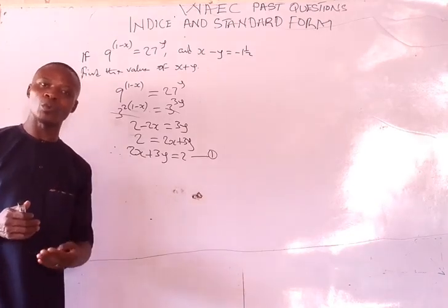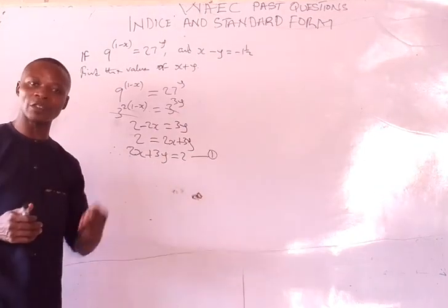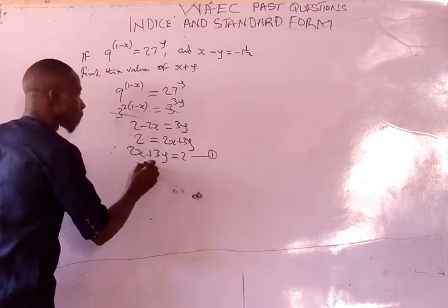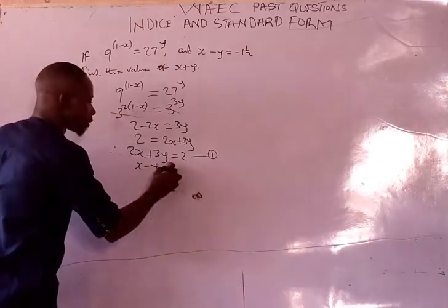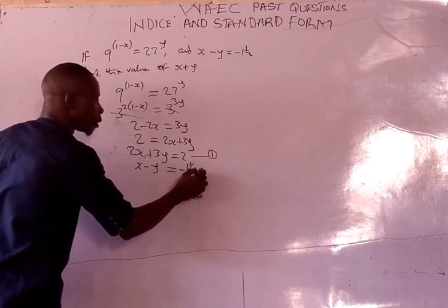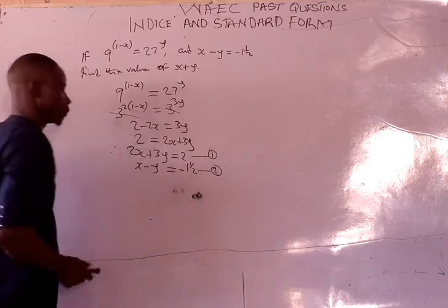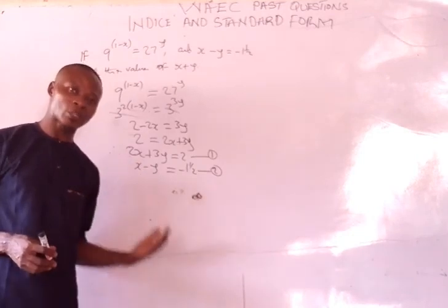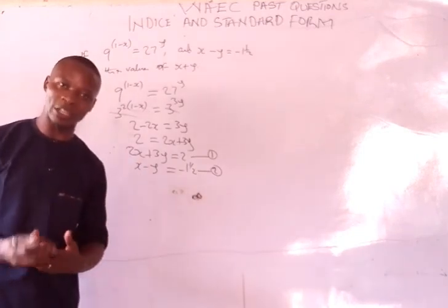The next thing we will do is to arrange it with the first one, the one that has already been arranged for us, which is x minus y equals minus 1 over 2, which is equation 2. In the last question I used the elimination method.